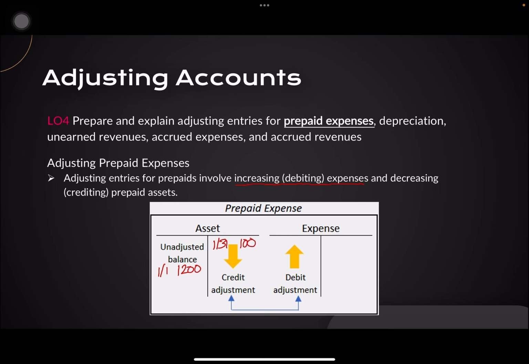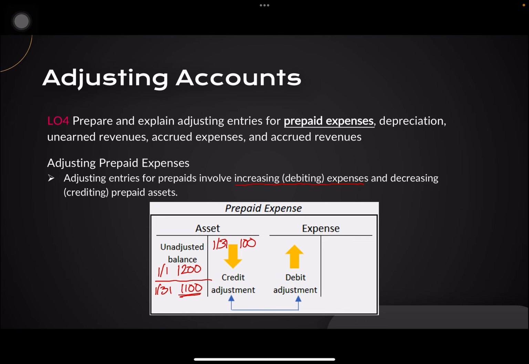And again, to update the balance of your asset, you just simply need to deduct your debit and your credit amounts. In this case, your balance for your asset as of January 31 would be 1,200 minus 100, which is $1,100. But you don't stop here. You don't just make updates on your asset T account, but you also update the detailed record for your expense. As you can see here, on the asset side, you have a credit adjustment.